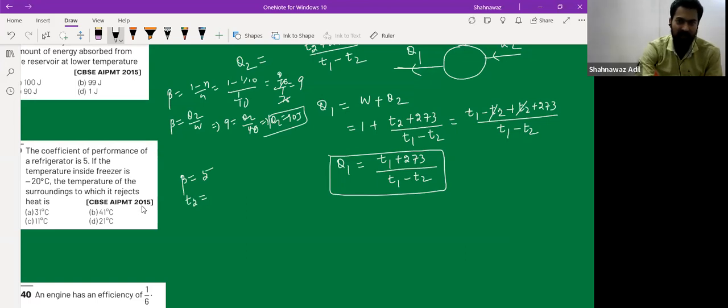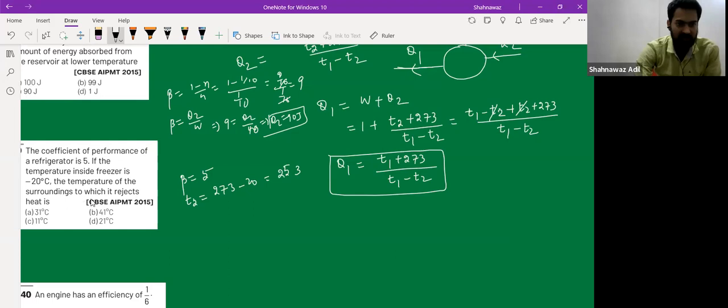Minus 20 degrees C means 273 minus 20, which is 253 Kelvin. Always remember that we have to change degree Celsius to Kelvin, always.